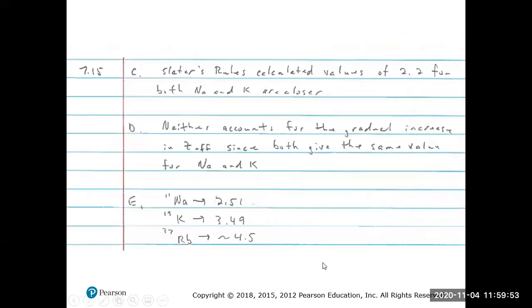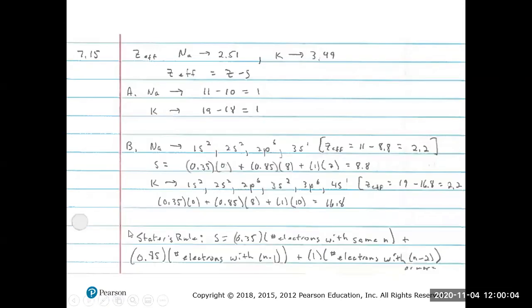So in part C of the question, we were asked, which approach gives the more accurate result? Well, we go back and see that in the actual calculation, it was 2.51 for sodium. The Slater gives us 2.2.